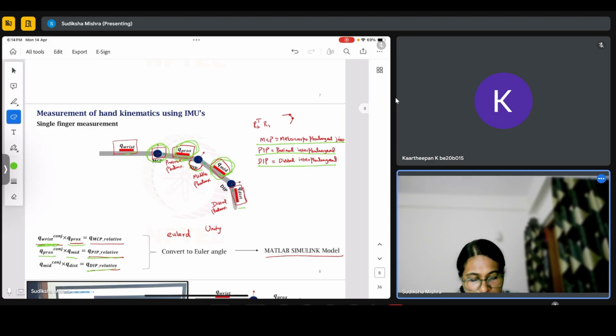Similarly, you can also compute q DIP, and these you can then convert to Euler angles using the Euler conversion command, or you can write some of your own algorithm, and you get your Euler angles, which you can further use to visualize stuff in 3D.